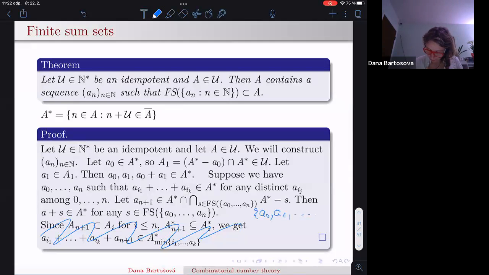Right, so I do a recursive definition, and in each step I verify that I haven't got outside of A star. Any questions? I was first writing a slightly different proof, which is a little longer, and I would come out of the slide. So this is a little more space consuming one.